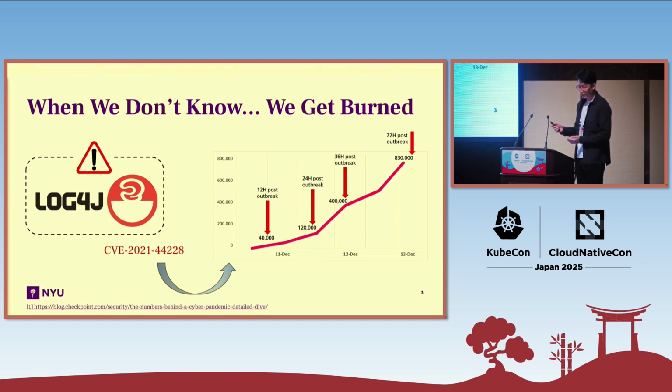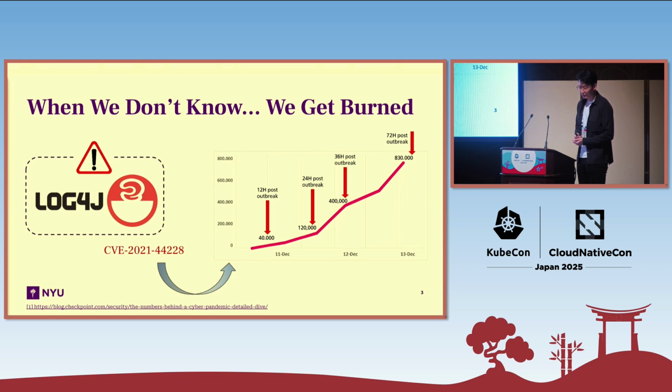Now look at the chart on the right side. This is the number of attacks attempted exploiting Log4Shell, tracked by Checkpoint Research. Just 12 hours after public disclosure, there were already 40,000 attacks. This number tripled by 24 hours and reached 400,000 after 36 hours.